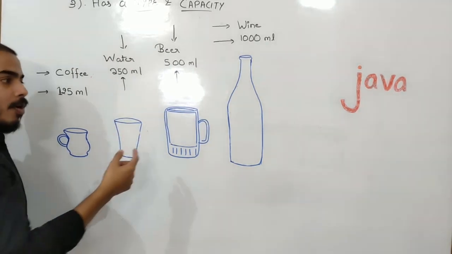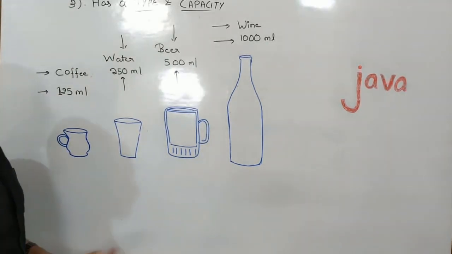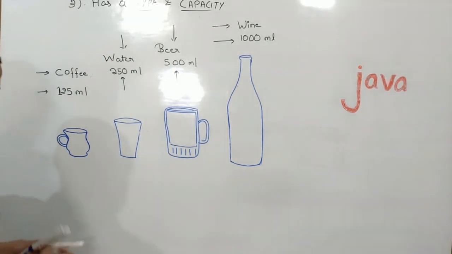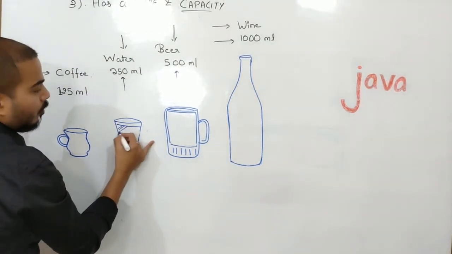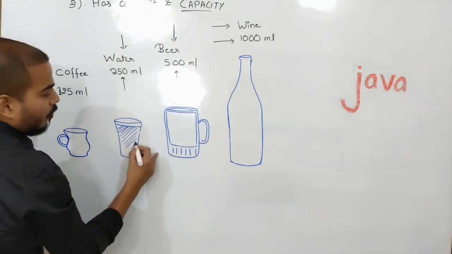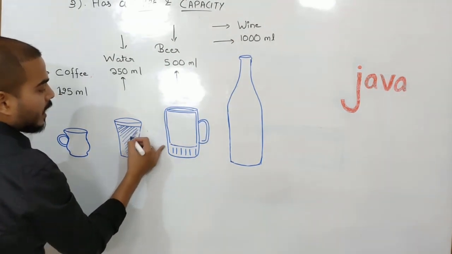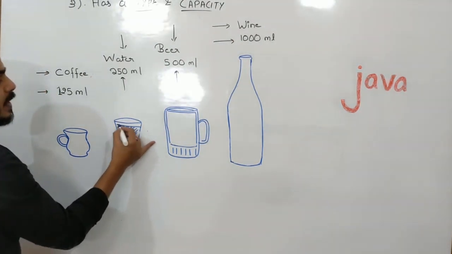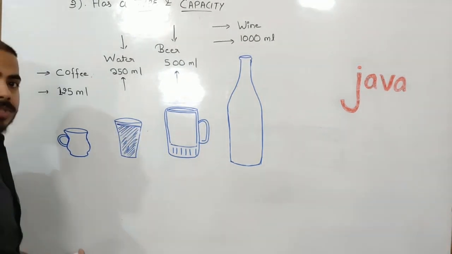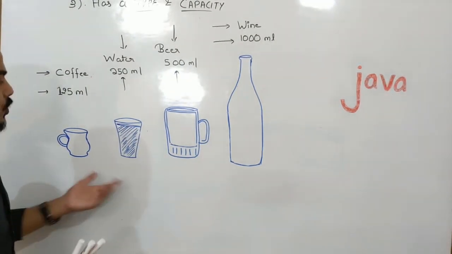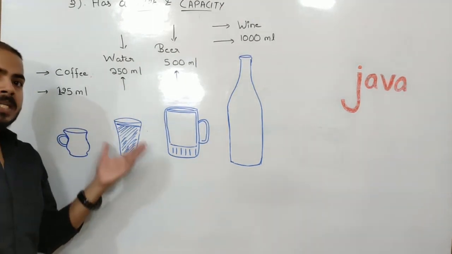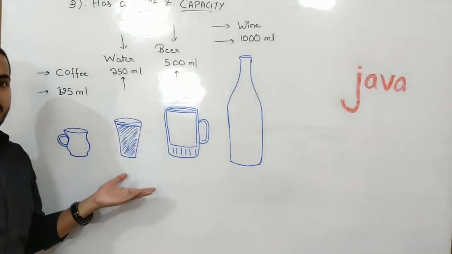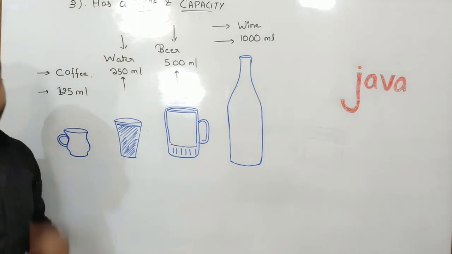It is the type of data that is going to be present inside the container. So in the water glass, we are going to fill water only so that the wastage of space can be minimized, because generally when we drink water we consume 250 ml, the standard quantity of water that you drink.